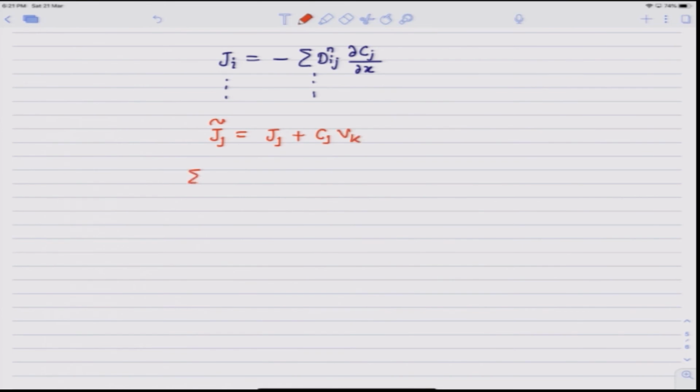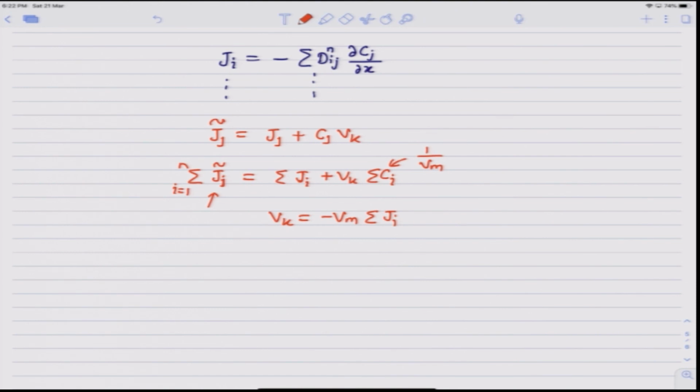If we take the summation over all components i equal to 1 to n on both sides, the summation of Ji tilde is equal to summation of Ji plus Vk times summation of Ci, and summation of Ci we know is nothing but 1 over Vm, and the summation of Ji tilde should be equal to 0. So we have Vk is equal to minus Vm times sigma Ji.